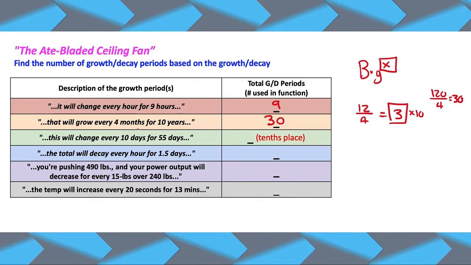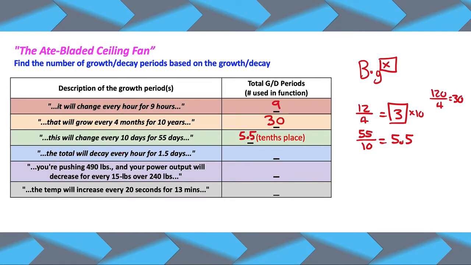Same number. This will change every 10 days for 55 days. We need to figure out how many times 10 days will go by in 55 days. When you divide, you get 5.5. So if it changes every 10 days and you only have 55 days, you're going to get 5.5 growth periods.